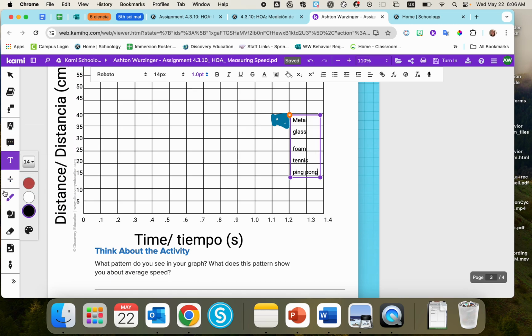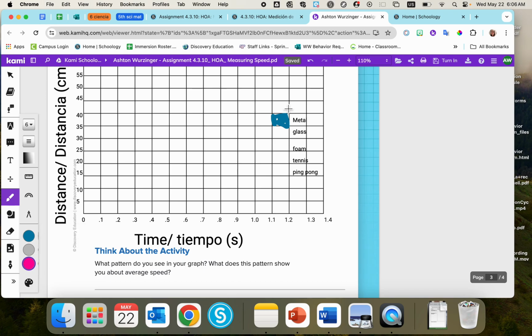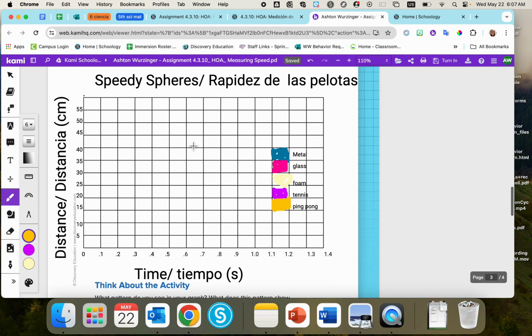And I'm going to designate each a different color. Doesn't really matter what color. You can choose the colors that you'd like, if they represent the balls. Again, you might have other balls than I do, or spheres, because we all got to choose from 7.